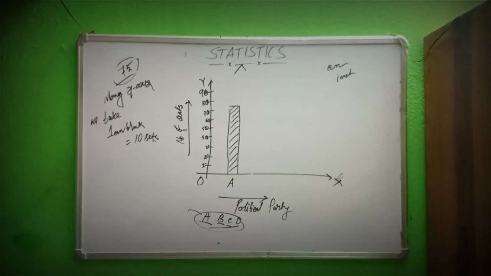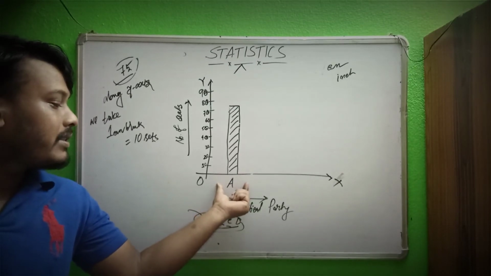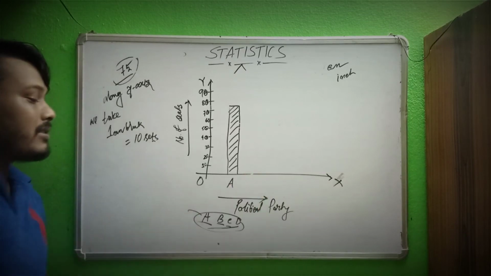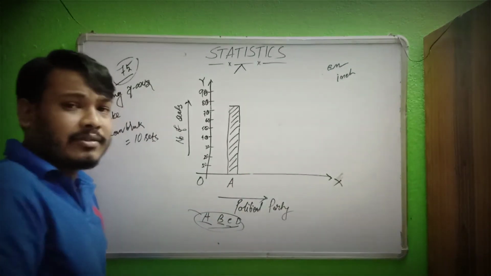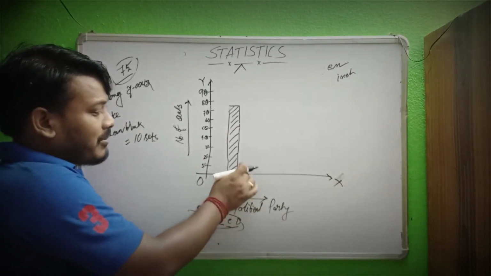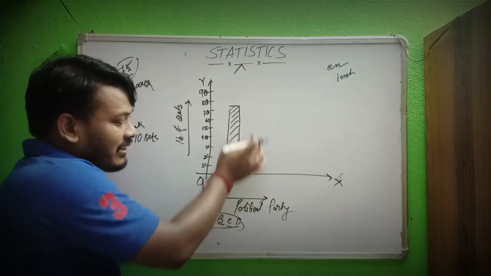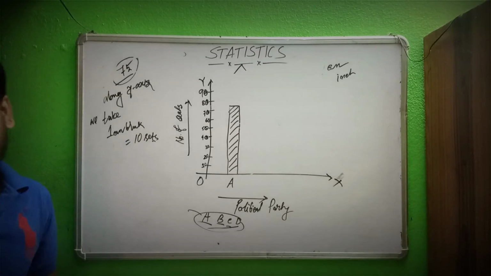Because in the first and second examples there are more items given, so I need more space. But here it is not possible. If I write by pen, then it is okay, but on the board it is not possible. That's why I take A, B, C, D, so that I can write and each value will come along with the bar. Okay, and the second value is political party B is 55.